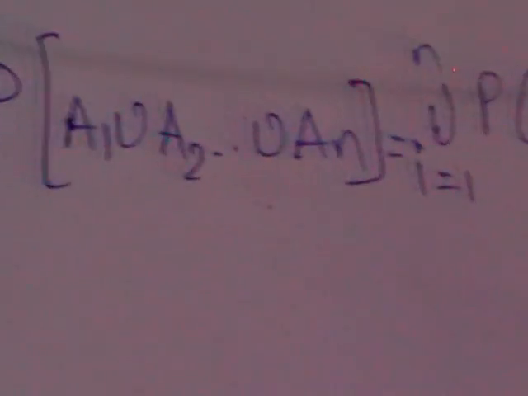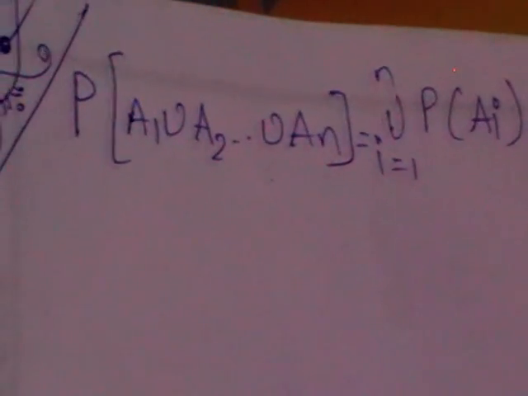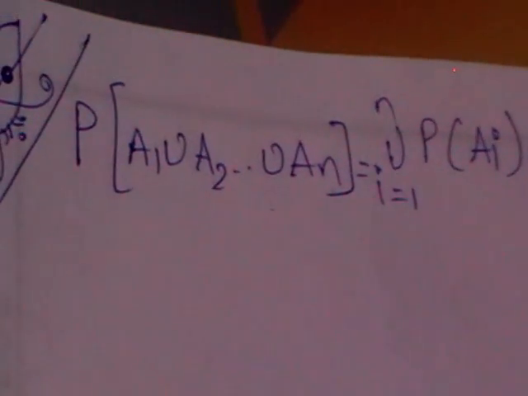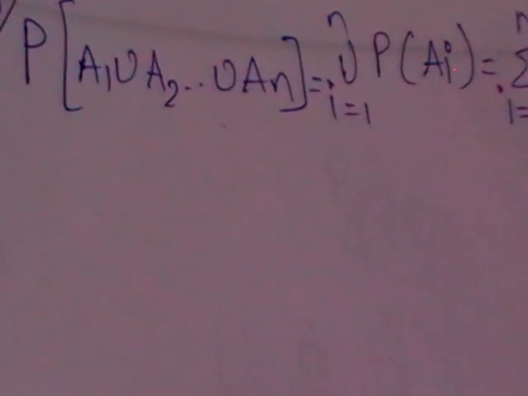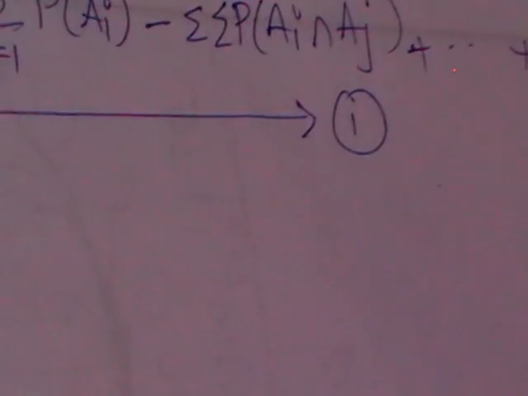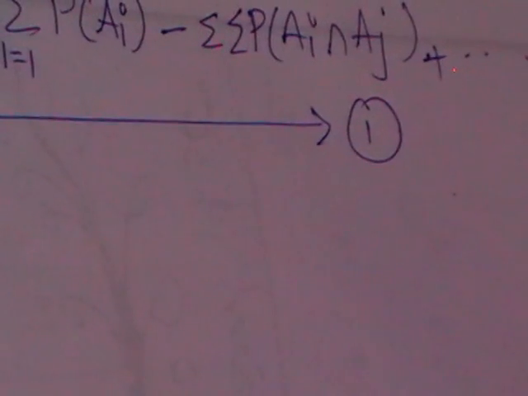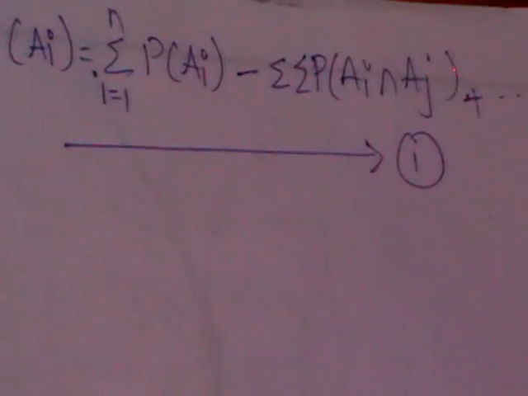To prove this, as we have n number of events here, we are going to use mathematical induction. Under mathematical induction, what are the steps we are going to follow? We are going to consider this as statement number 1. We prove the statement is true at n is equal to 2. Some of you asked, can we start with 1?